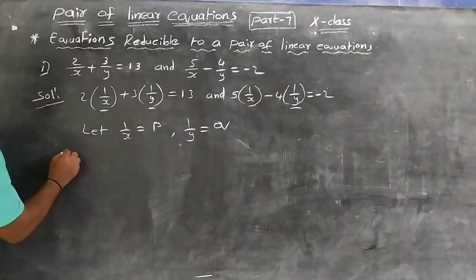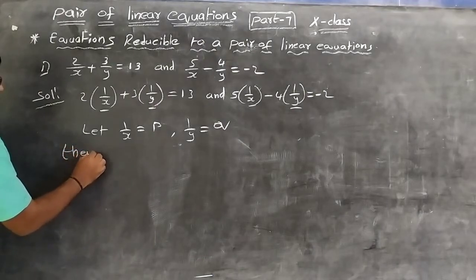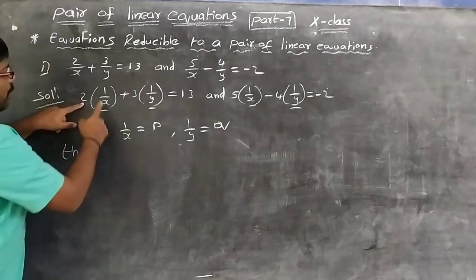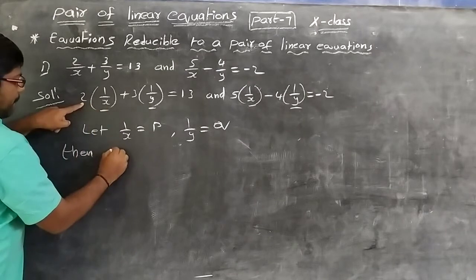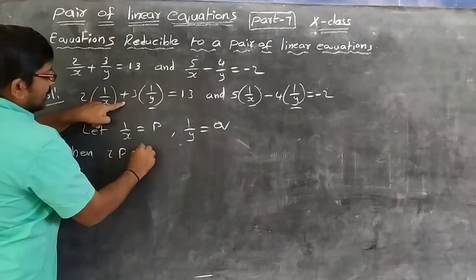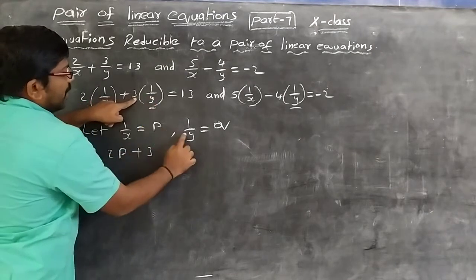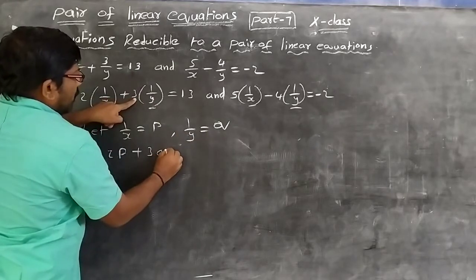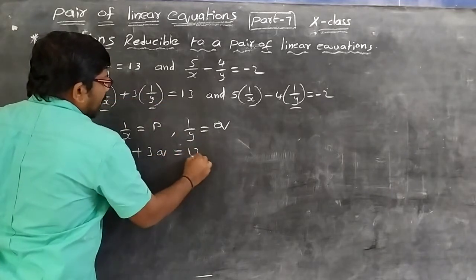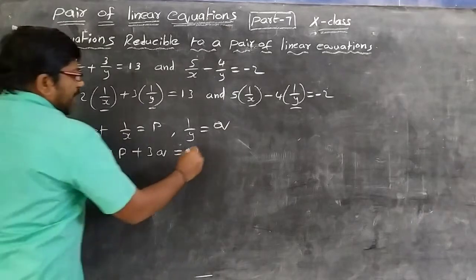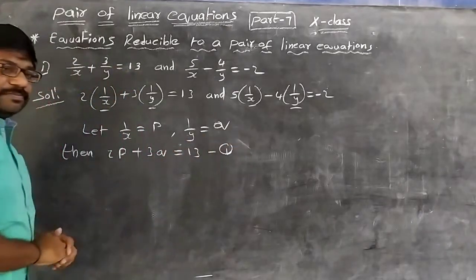Then the equations will be: 1 by x is p, so 2p plus 3 into 1 by y, which is q, 3q is equal to 13. It is equation 1.